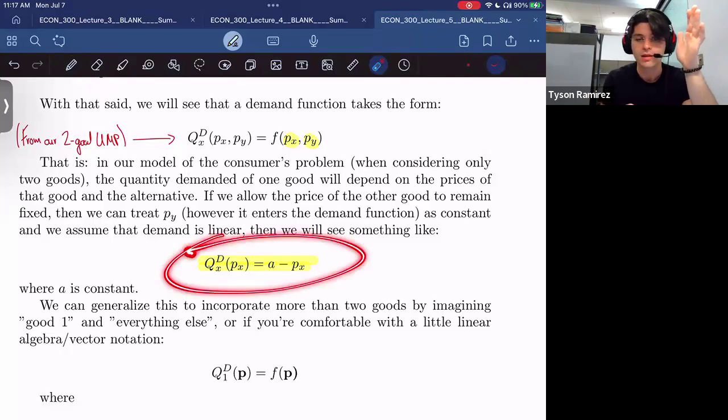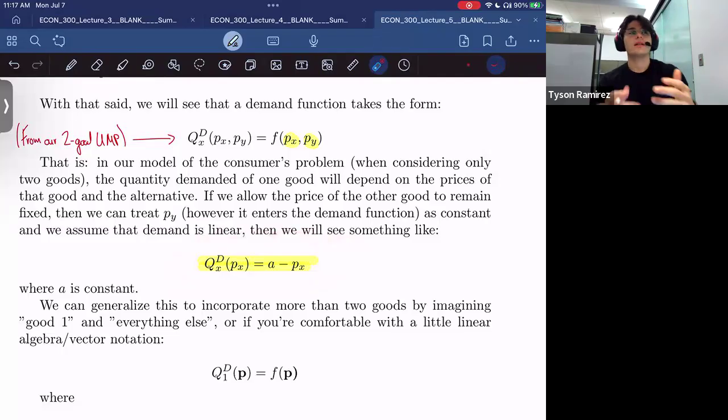Now, you might be thinking, well, in real life, we consider much more than two goods, right? And the answer is yes. We just like the choice between two goods problem because it's easy to visualize graphically. And we want to start simple and then you can always generalize.